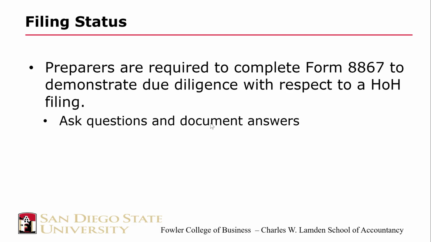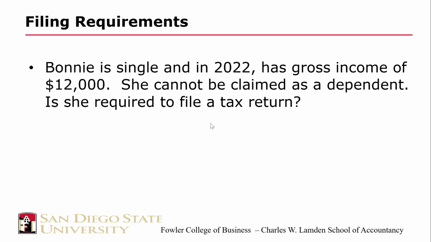That requires you to complete a Form 8867. It's basically a due diligence checklist. It says, did you ask all these questions and keep documentation? You don't have to file the documentation with the IRS. You do file the form that says you have the documentation, you asked the questions, and you documented the answers. That raises your due diligence around this question so that you ask the right questions and document those answers. And we have a very enjoyable in-class exercise on this if you decide to come to class next week.